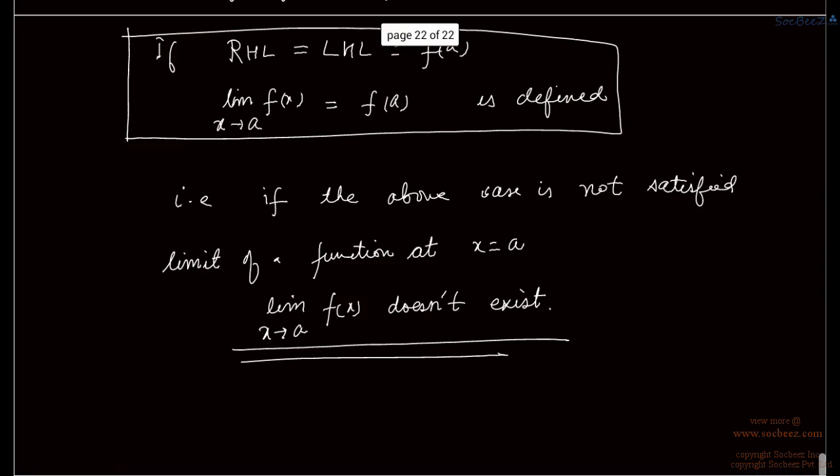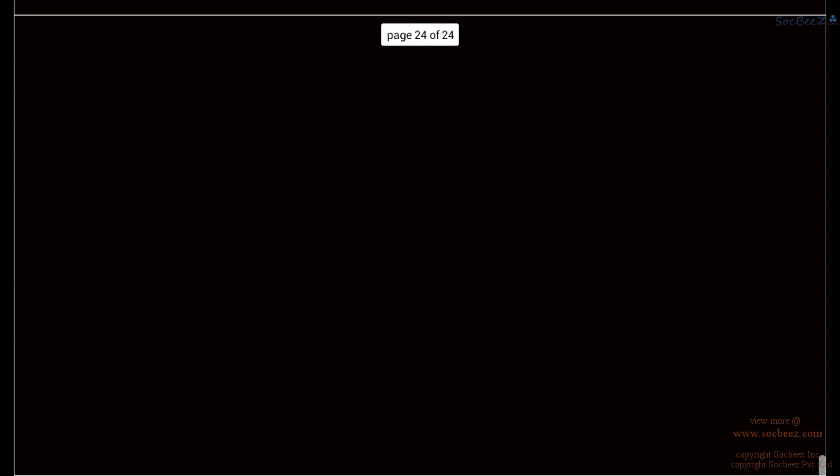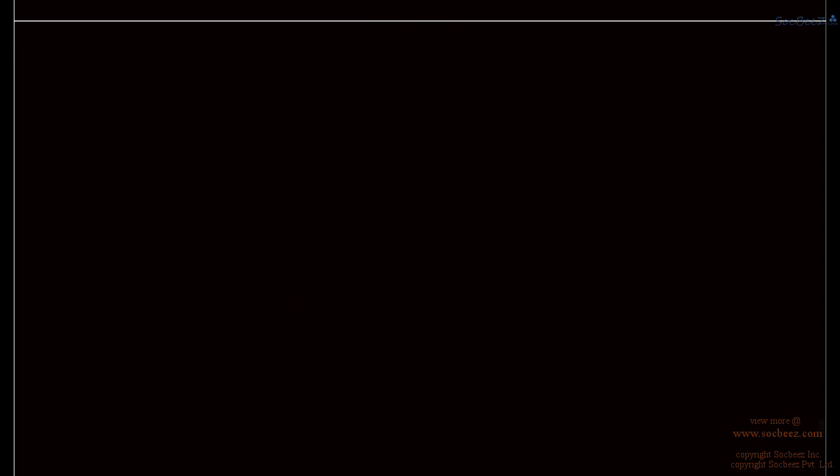Now we have some formulas for the limit of a function, say for some basic functions. Let us write for some basic functions. Let me give some examples. Say example. Suppose we have a function f(x) is equal to 1 upon x square minus 2. Okay, and let us find the limit when x tends to 3.